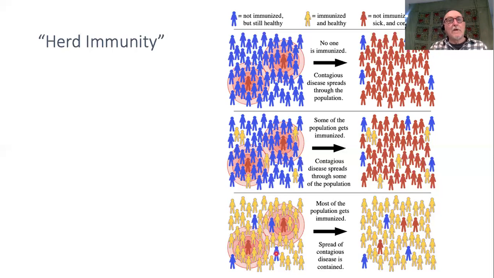Some of them would remain vulnerable. But look what happens. We bring an infected person, but there's no chain of contagion from this infected person to the vulnerable people, because so many people here are immune. The disease can't spread through a population which is immune to it.